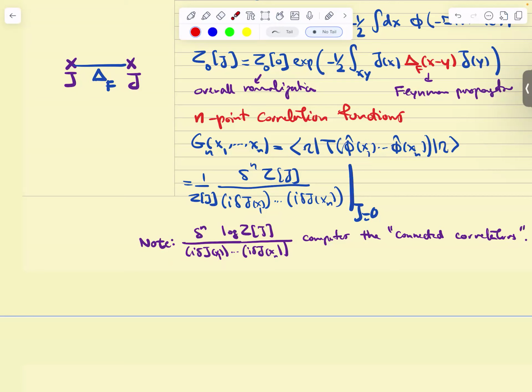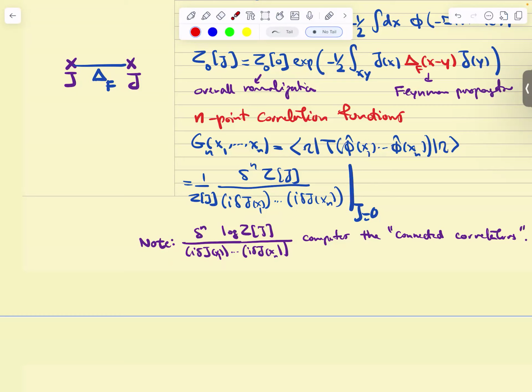Is it clear what a connected correlator is? What is a connected 4-point function? What's the value of the connected 4-point function in free theory? Okay, so then you don't know what a connected correlator is. What's a connected 2-point function in free theory? Yeah, it's the Feynman propagator because the 1-point functions vanish.